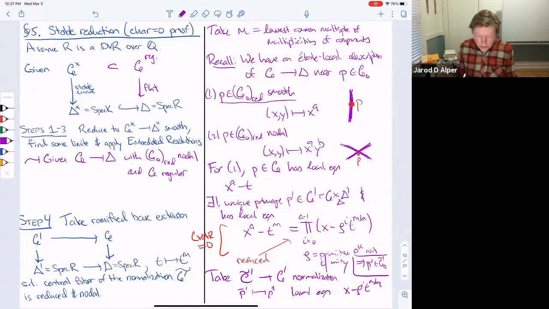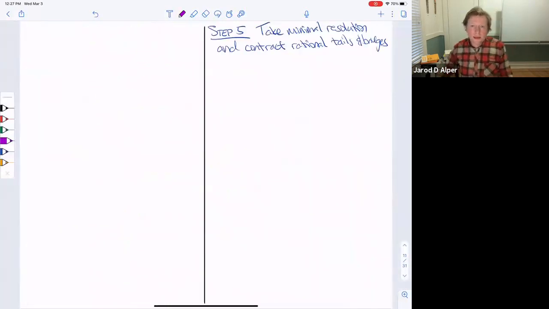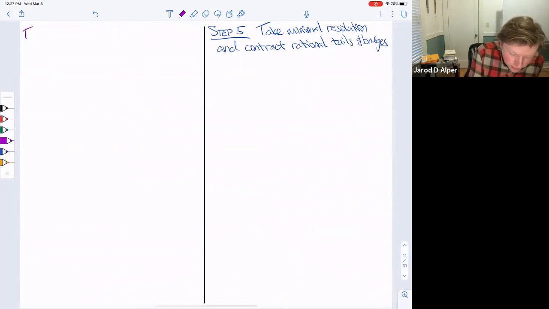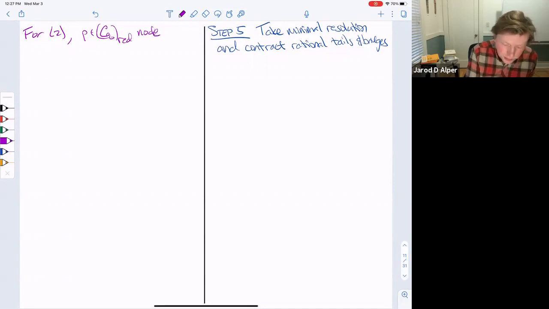Okay, and now let's also handle the other case. So let's consider the case where this is a node in the reduced central fiber. So the local equation here was xy goes to x to the a, y to the b.